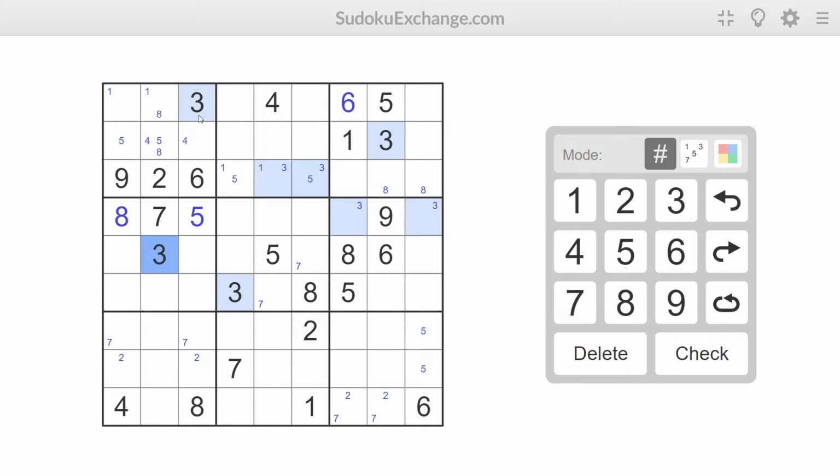This 3, this 3 and this 3 take care of these spots here. So we're left with these two where we can put in a 3. Okay, this 4 and this 4 see this, this and this, leaving us these two spaces to put in candidate 4.